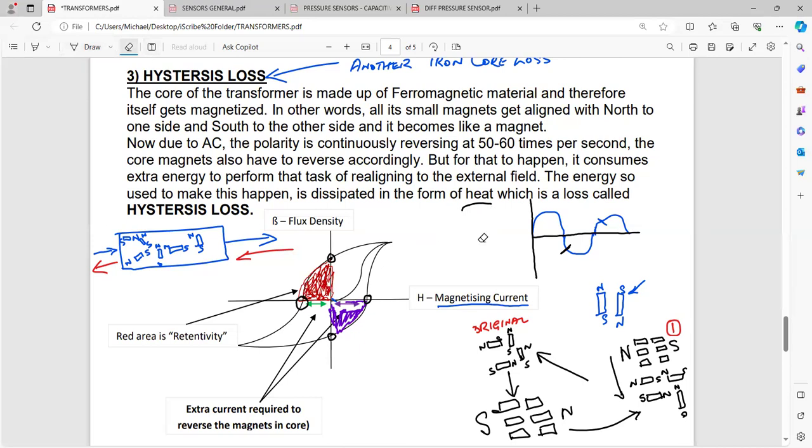If you are going to have a curve very slim in nature, it's not very accurate, but you can get the idea what I'm talking about. If it's going to be very slim, that means the energy consumed here for changing it back into the original position is minimized quite a bit. So that energy is going to be saved and you're going to reduce your hysteresis loss in that manner.